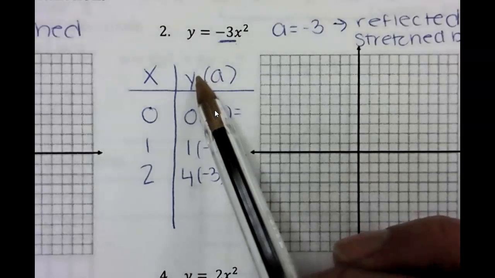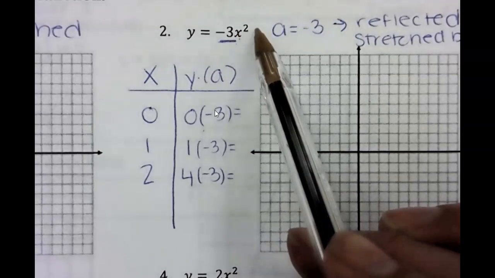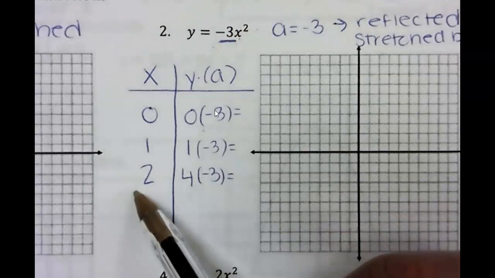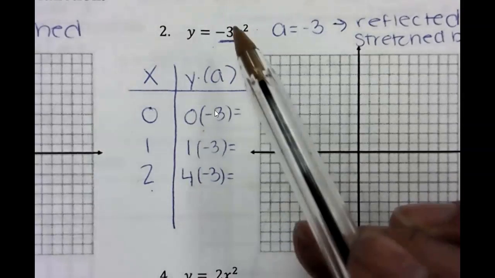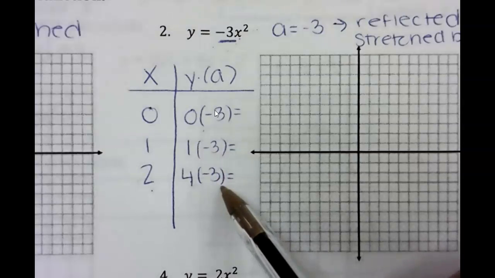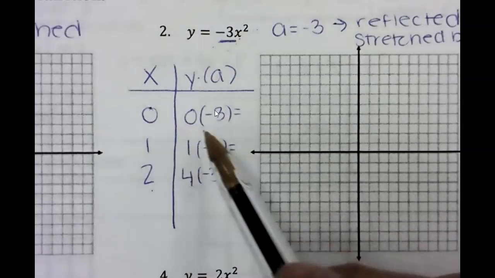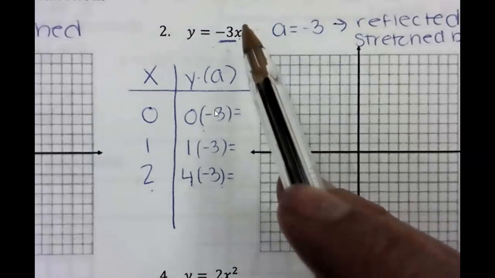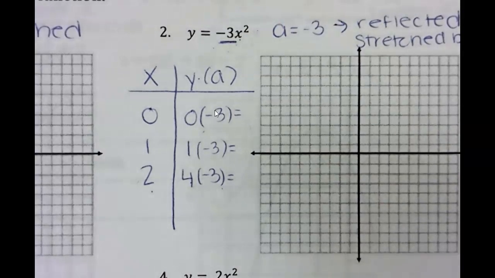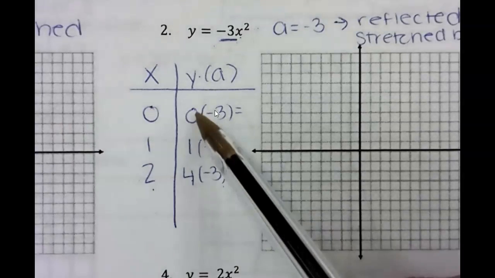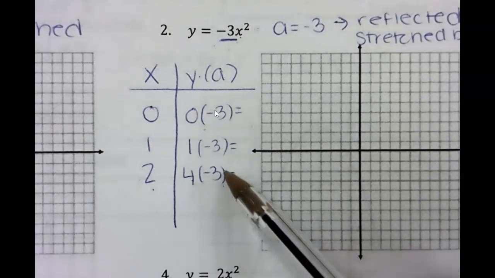Because the y value is x squared times a. So you're plugging 2 in, so 2 squared is 4 times that negative 3. So basically what I'm doing with having you do these x and y's is not have to plug into this equation every time. It's a pattern. So it will always be the perfect squares of x times a.